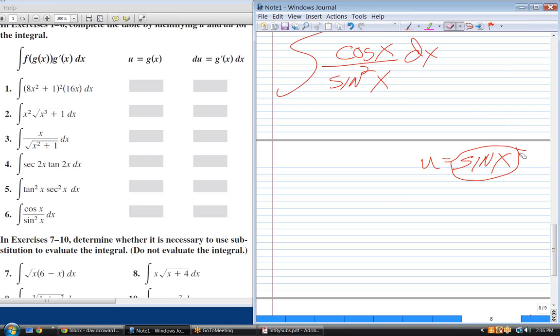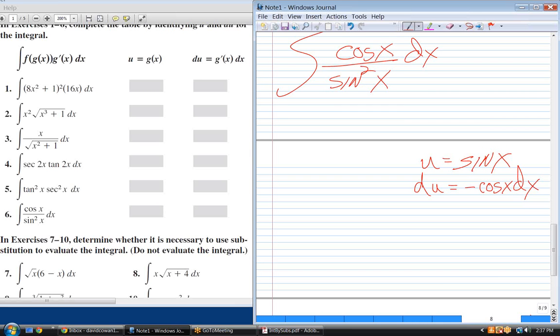So we wouldn't want to let u equal sine squared of x, because the derivative would not any longer be a perfect cancellation of this. I figured out what I was thinking. Okay. So now what's the next step? The derivative of that, du dx, is a negative cosine x dx. Now let's stop right there. Let's not go any further.